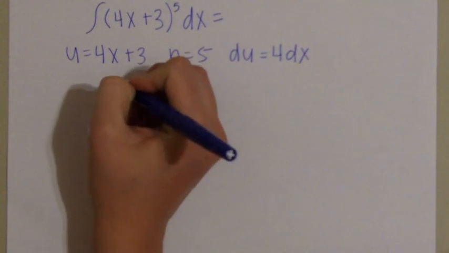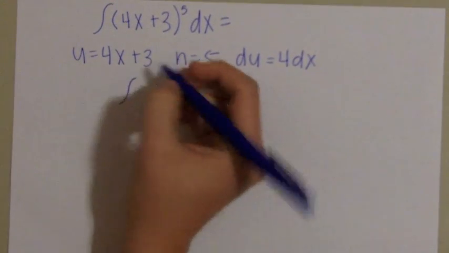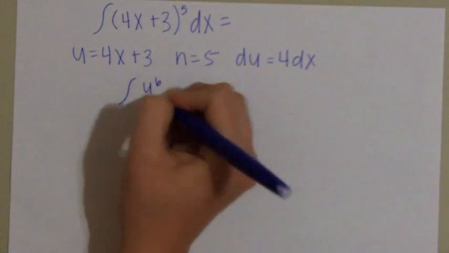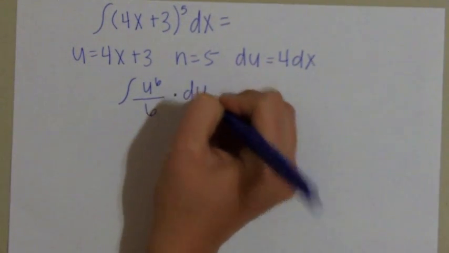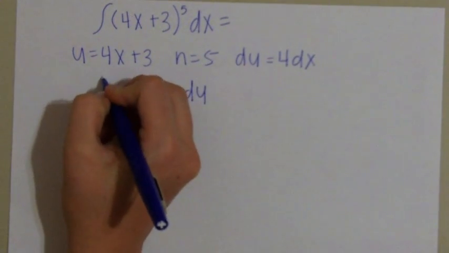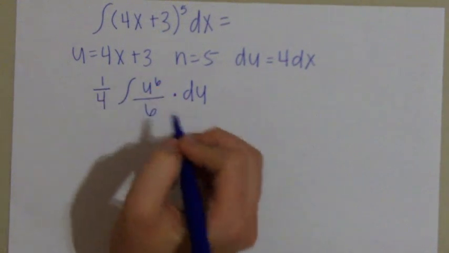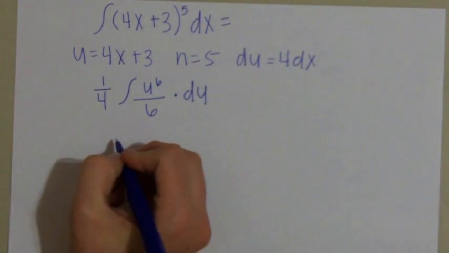When inserting into the equation, we do u to the power of n plus 1, 6, over n plus 1, 6, times du, times what was left over from du, which is the reciprocal of 4, 1/4, to cancel them out.